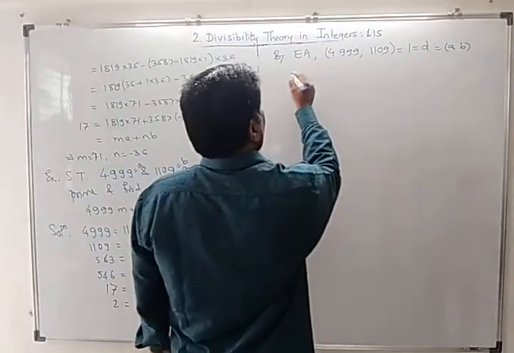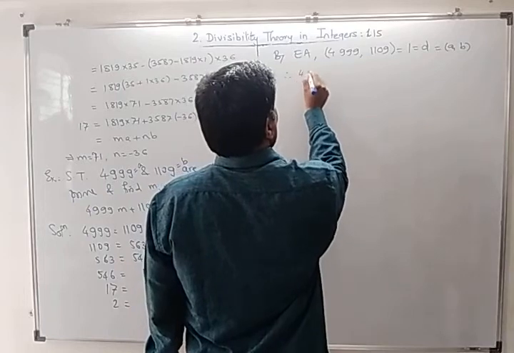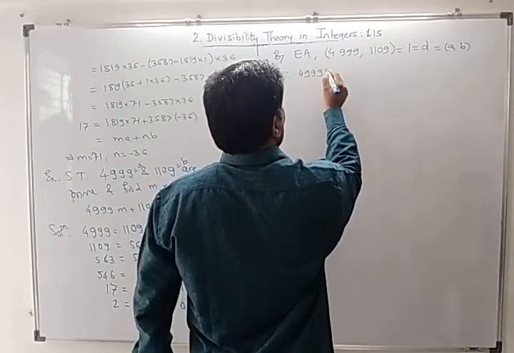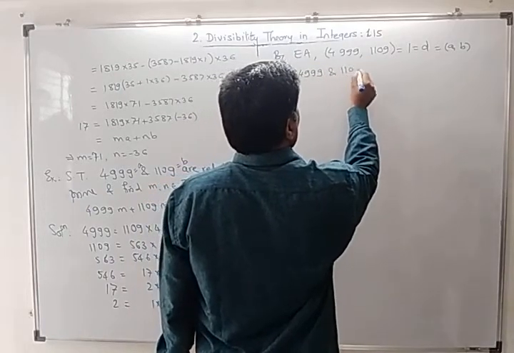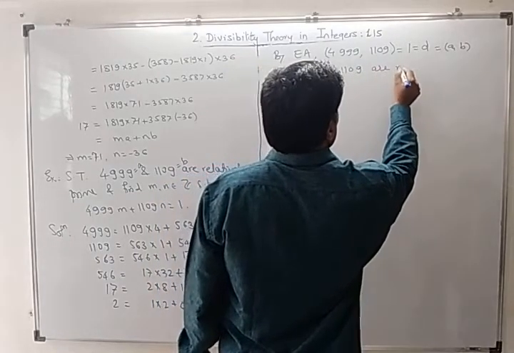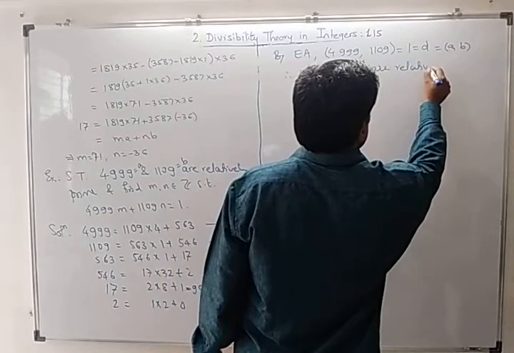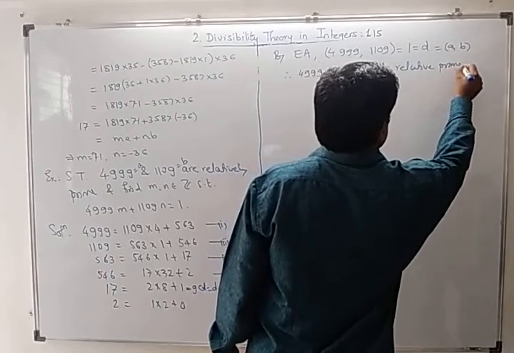And therefore 4999 and 1109 are relatively prime, because the GCD is 1, or co-prime.